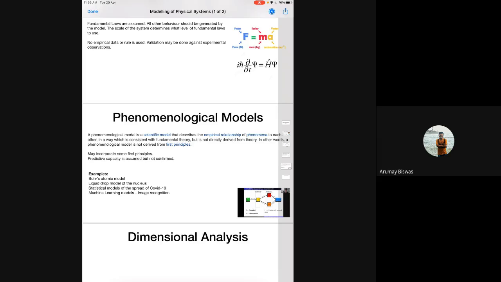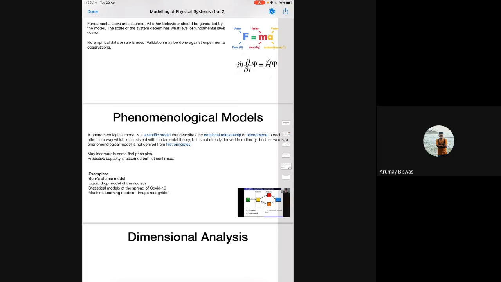Like I mentioned, statistical models of the spread of COVID-19 and machine learning models are also phenomenological models. They construct relationships between input data or among input data in an ad hoc manner, which fits whatever information is given to it.